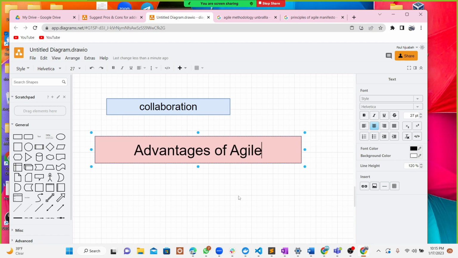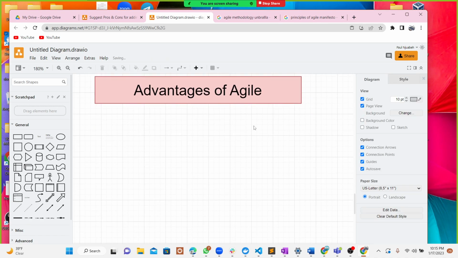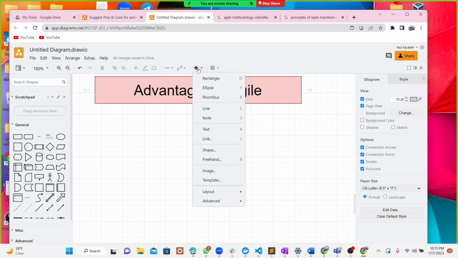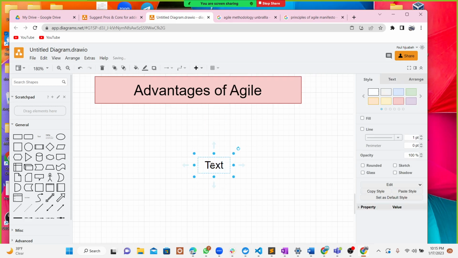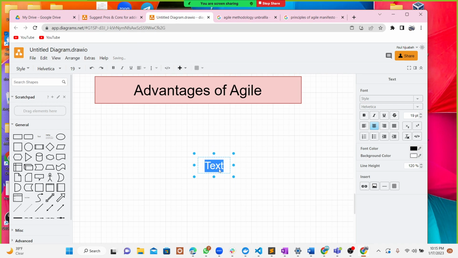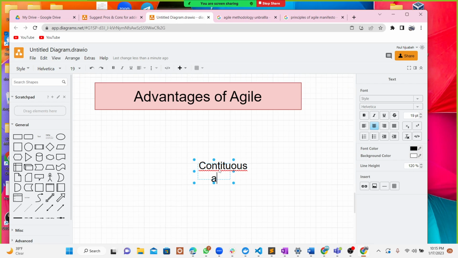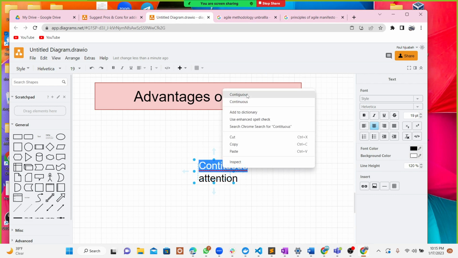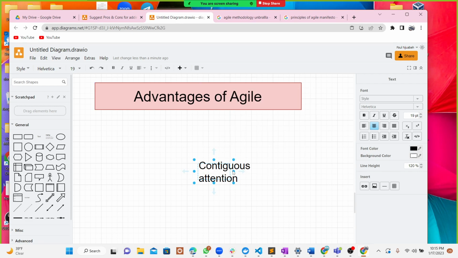So Agile has so many advantages. One of the advantages is that with Agile, there's continuous delivery, or call it continuous attention. There's continuous attention around the software they're building, and there is team collaboration.